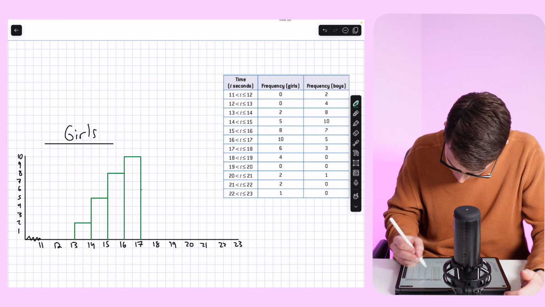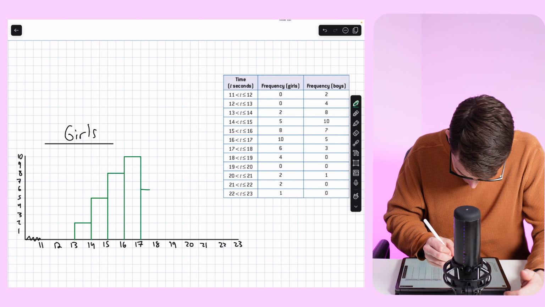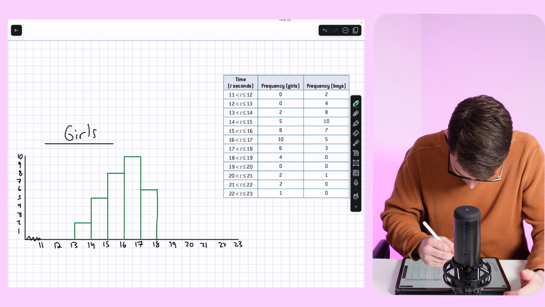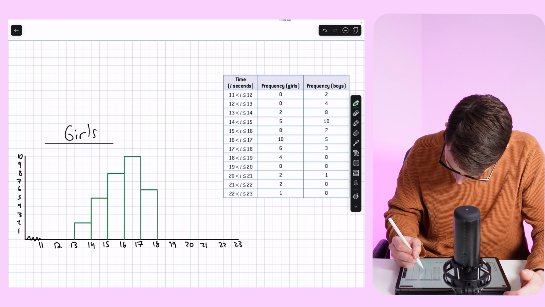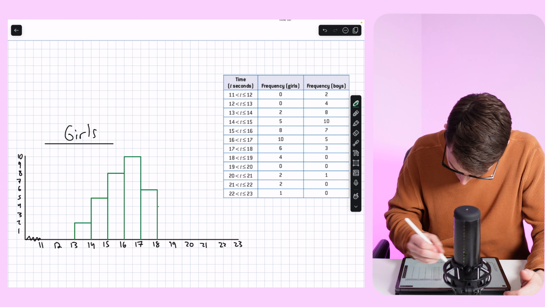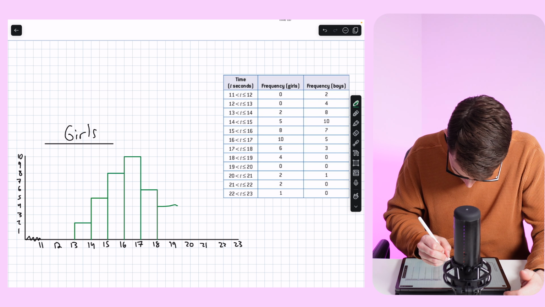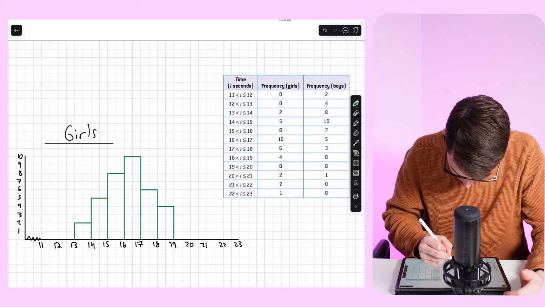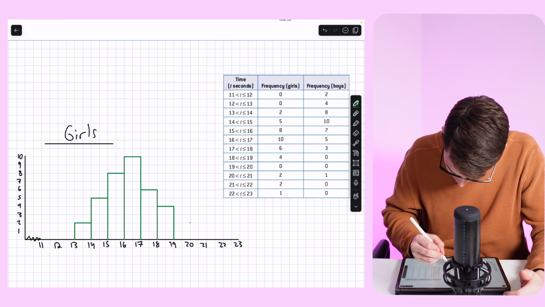Then I have 6 from 17 to 18. From 18 to 19, I have 4. Then 0, and then 2 from 20 to 21.